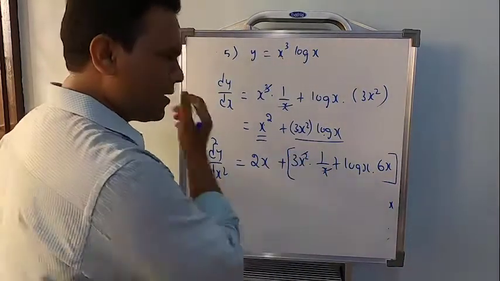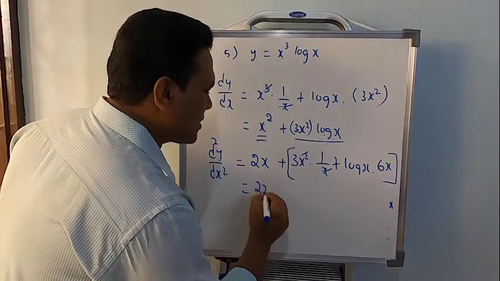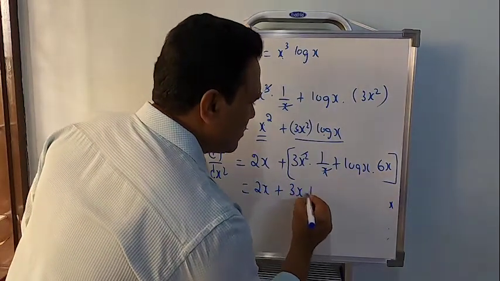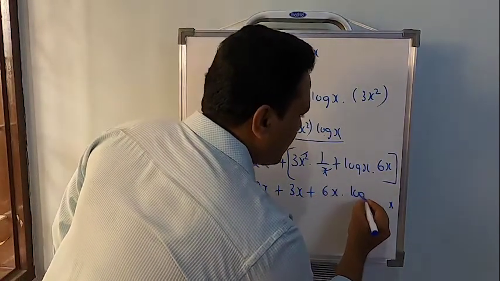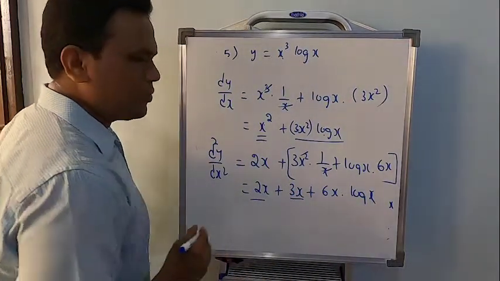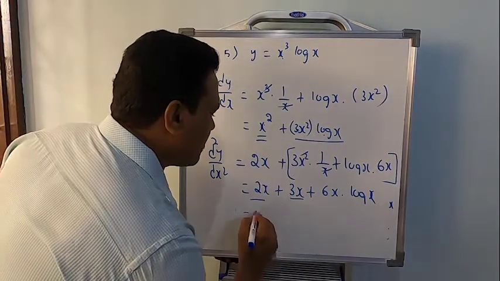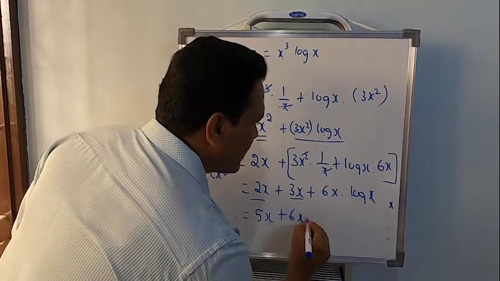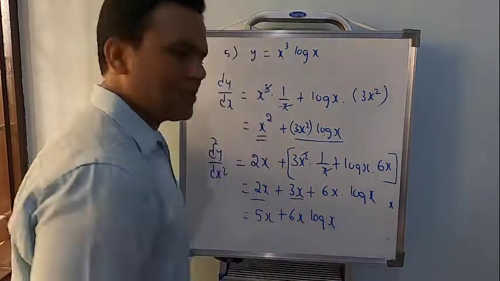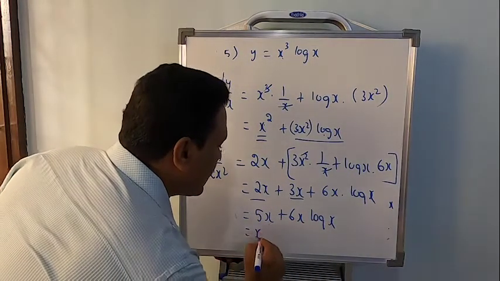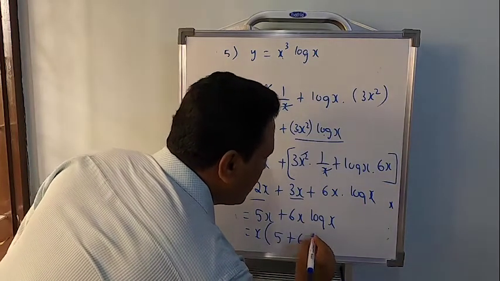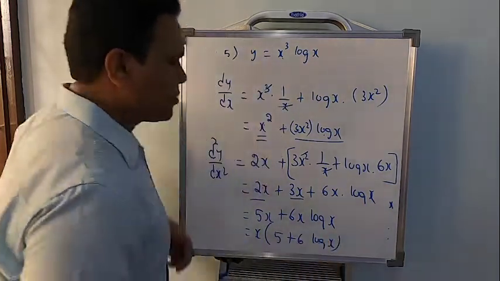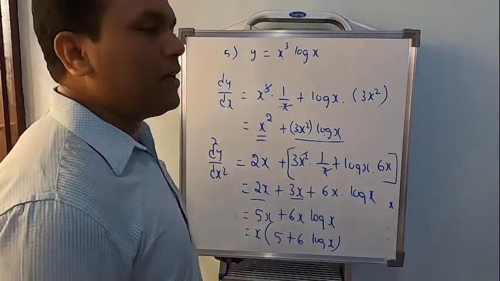So let's simplify a few steps. 2x plus 3x plus 6x multiplied by log x. Add these two: 3x plus 2x will be 5x, plus 6x log x. Still, if you want, you can take x outside, 5 plus 6 log x. So that will be the second order derivative.